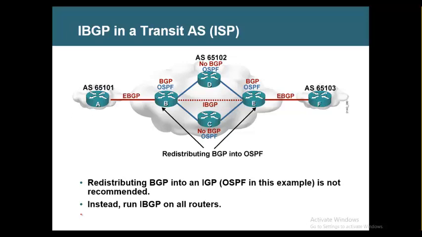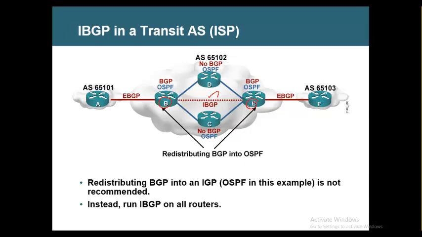You need to run BGP on D as well as C. We need to run BGP on D as well as C. Now you may say, why should we run BGP when BGP can form an IBGP between B and E?